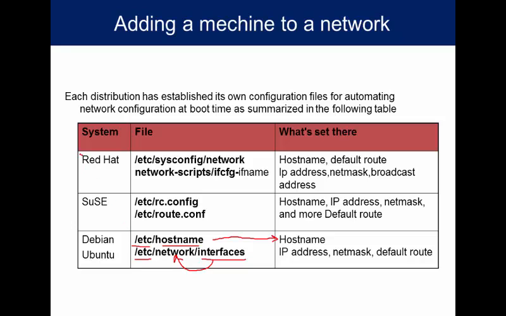Similarly, other Linux operating systems have similar information in similar directories, right? Red Hat and SUSE. Debian and Ubuntu are our family.